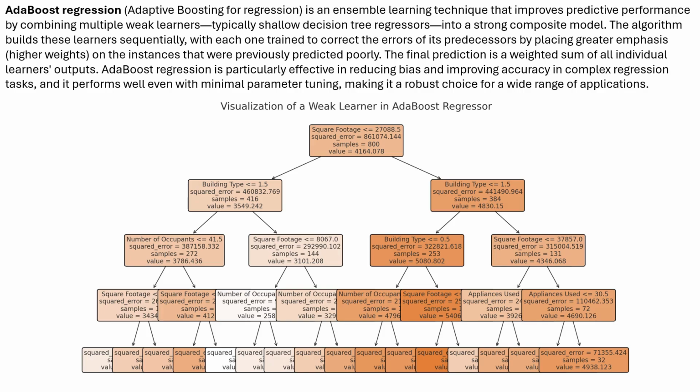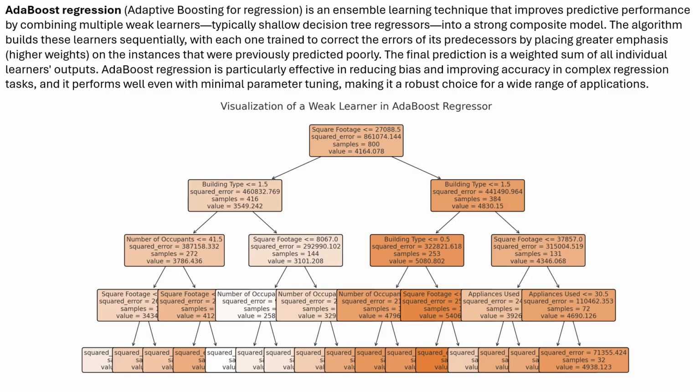Now let's talk about the heart of our tutorial, AdaBoost regression. AdaBoost, short for adaptive boosting, is an ensemble machine learning technique that builds a strong predictive model by combining several weaker learners. Typically, these are shallow decision trees that on their own may not perform well, but when combined in a sequence, each one corrects the mistakes of the previous ones.